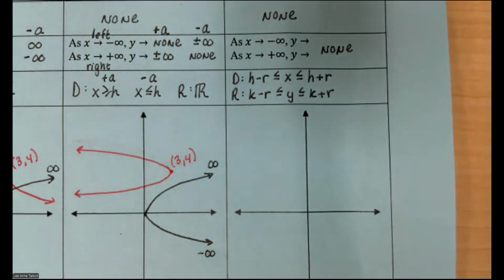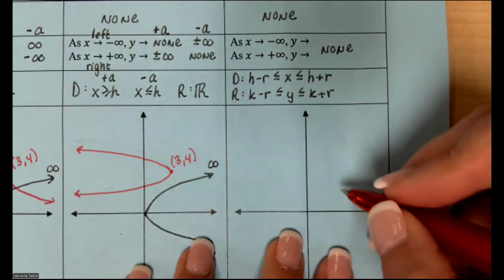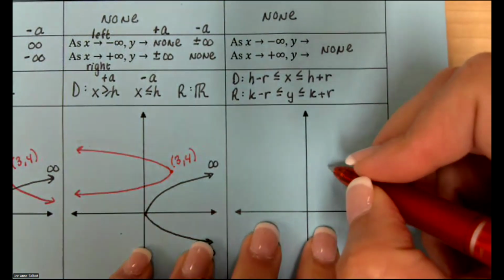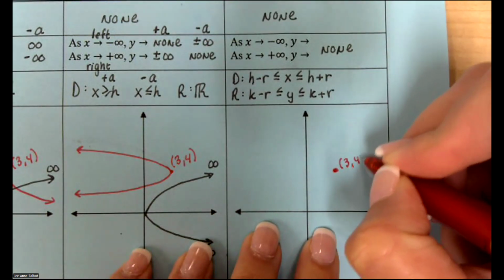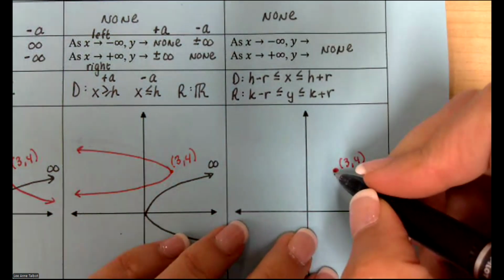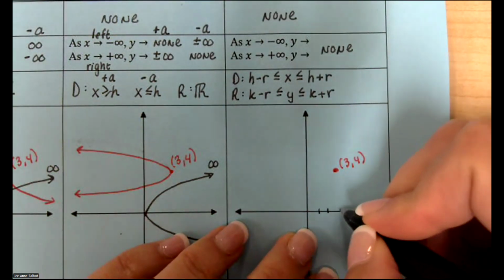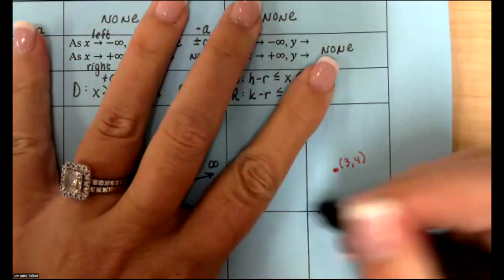Okay, now we're going to graph our circles really weird. So first thing I want you to do is find the point 3, 4. I know that's weird because we're starting with the color part. Okay, now the reason I wanted you to do that is because when you graph your point 3, 4, you can figure out how to scale the x-axis out to 3.